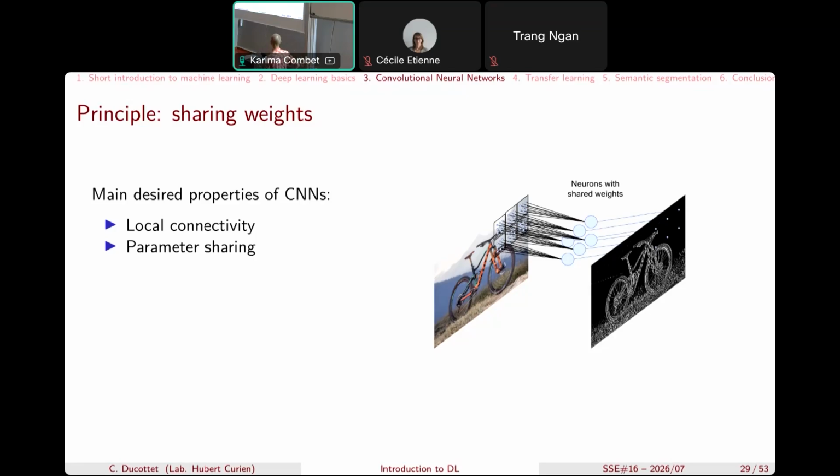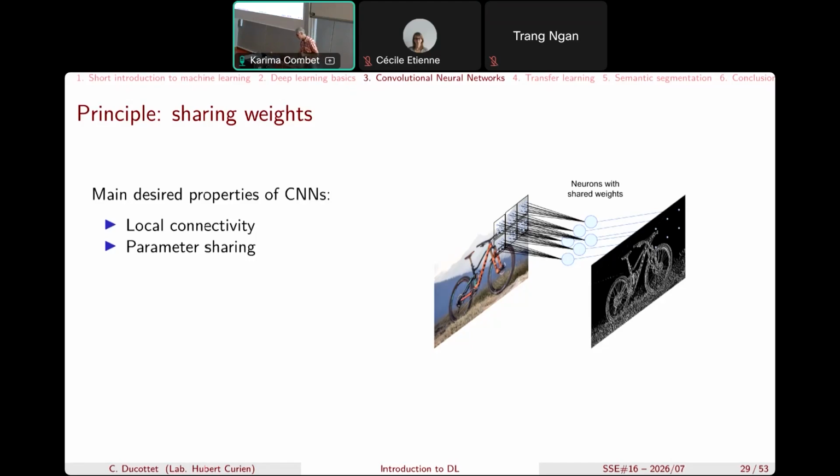So I want not only my neurons to integrate local information, but I also want my neurons to share the same weights. It means that the operation I will do on each neuron will be the same, whatever the region. This is what I call the translation invariance, which is here denoted by parameter sharing. All these neurons of this layer will share the same parameters.